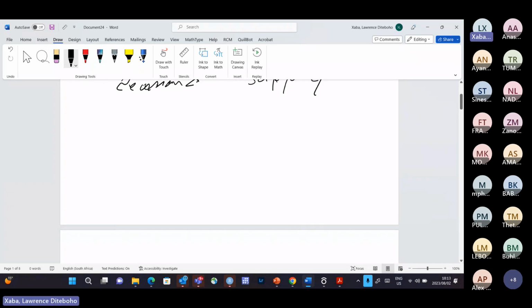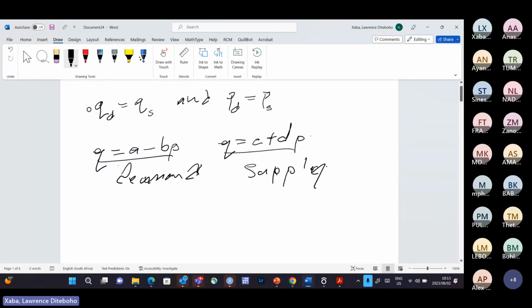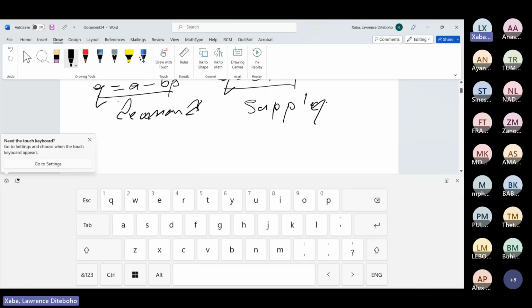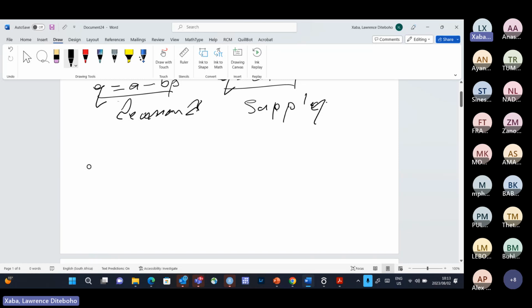So I was just reminding you, we are still going to use the very same equations, but right now the difference is that we want to find equilibrium. And for us to find the equilibrium, we need to equate the given equations.